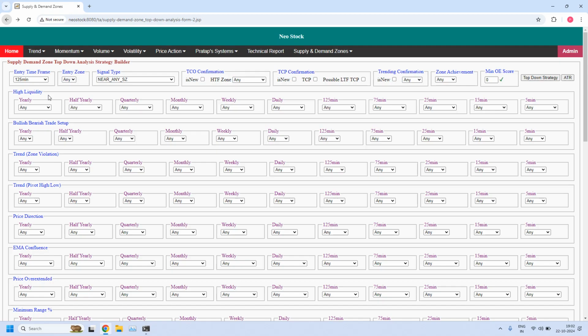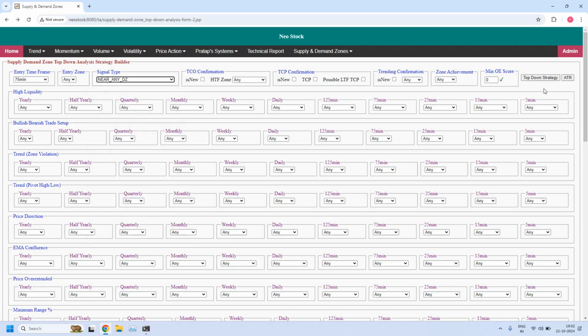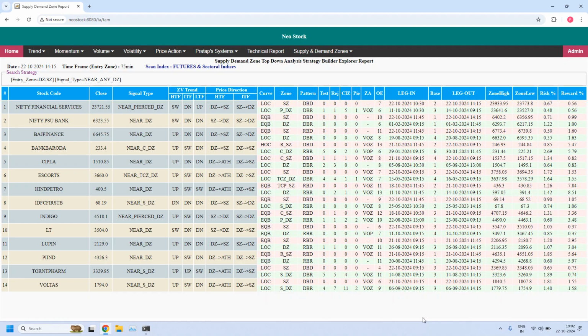Next time frame is 75 minutes. Entry time frame 75 minutes. Let us find the stocks near 75 minutes demand zone. 14 stocks are filtered near to the 75 minutes demand zone. Let us identify high liquidity demand zones from this list, 75 minutes demand zones. Bank of Baroda is a valid high liquidity 75 minutes demand zone.